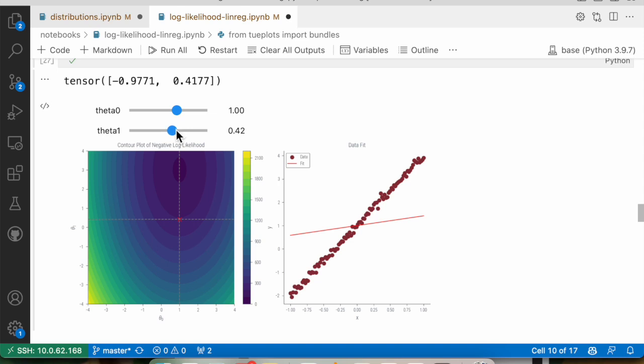And as I increase theta 1, I'm moving closer to the inner contours, and now my fit is better. Right, so that's exactly what we've been doing previously, but just that this is coming through the negative log likelihood term. Nothing new in that besides this. Okay, questions on this?